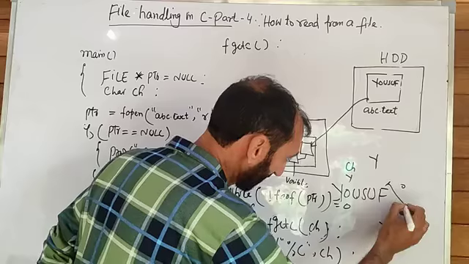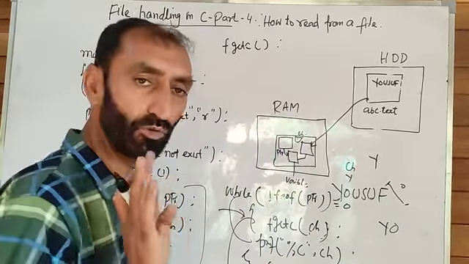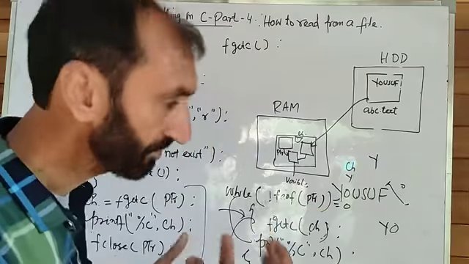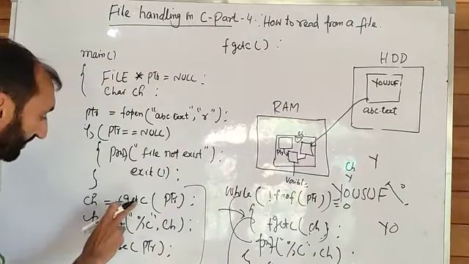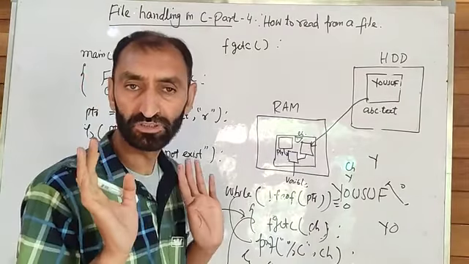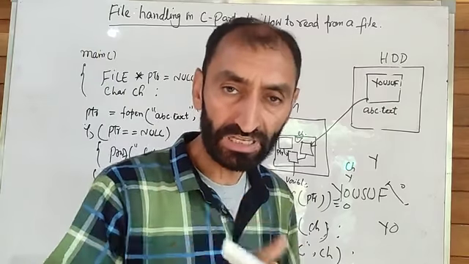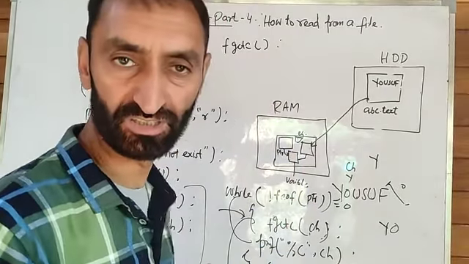After reaching the end of file, it will terminate the loop and the file will get closed. So we can also read all the contents of the file by using fgetc with loops. I hope you have understood how to read the contents of a file using the fgetc function.